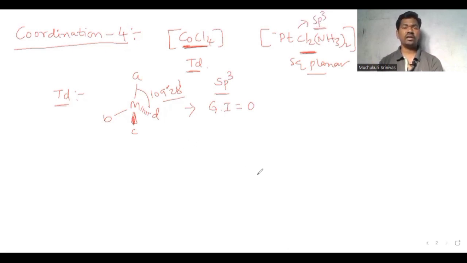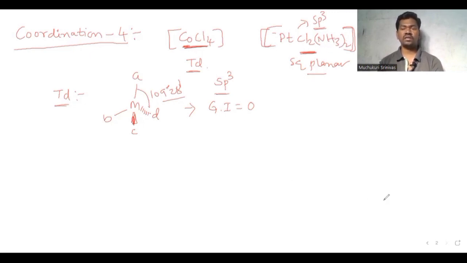So let me tell you some examples based on square planar complexes. In case of square planar complexes, there are several arrangements. These ligands can be arranged in different ways. I can take monodentate ligands and bidentate ligands. There are many ways to arrange the ligands around the central metal atom.